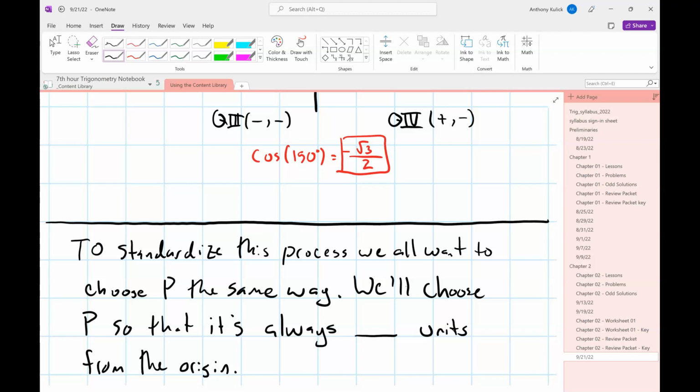What would be a good distance from the origin to pick P as? I mean, how about 1? Right? Let's not get cute about it.